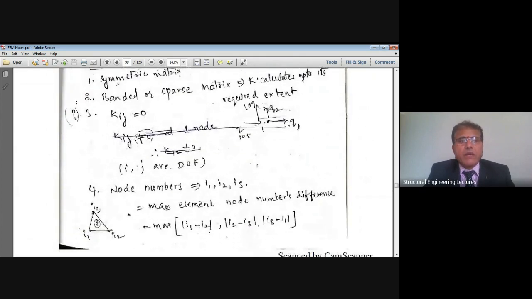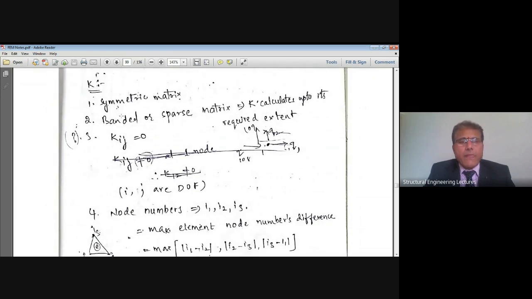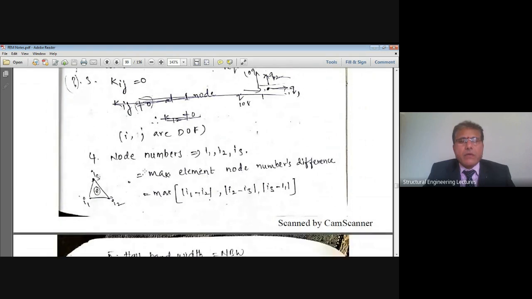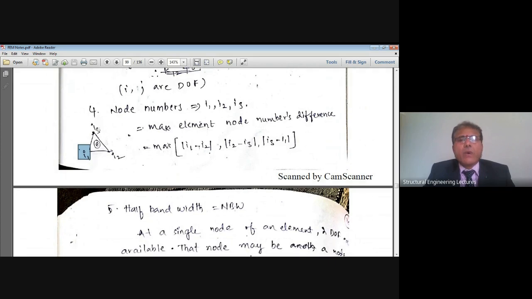And the third one is that for these node numbers, if I assume they are given by I1, I2, I3, then I'll say that the maximum element node number difference is the maximum of the absolute values |I1 minus I2|, |I2 minus I3|, |I3 minus I1|.